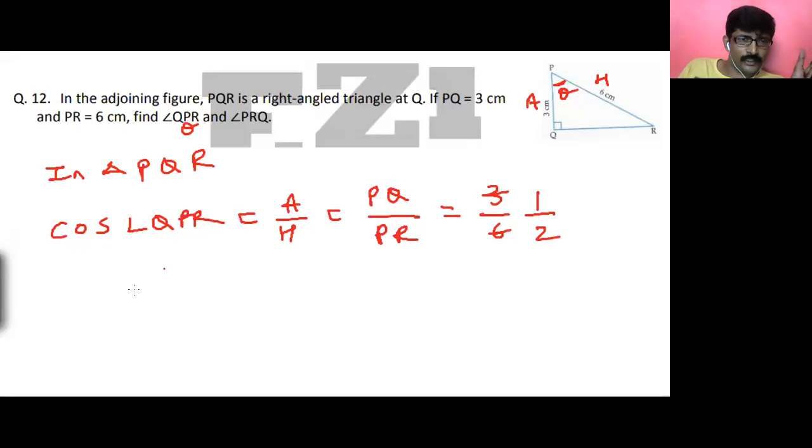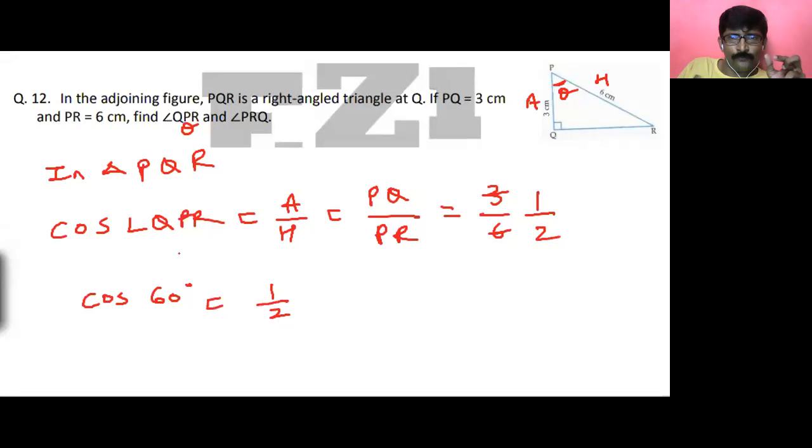So cos angle QPR is half, but cos 60 degree is equal to half. We know that in our brain. Cos 60 degree is half. We studied the standard angle table, and in the last chapter I learned how to find cos theta and theta. So cos 60 degree is half.